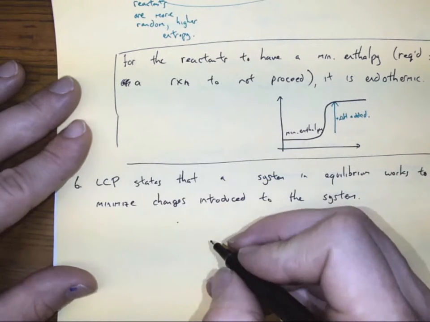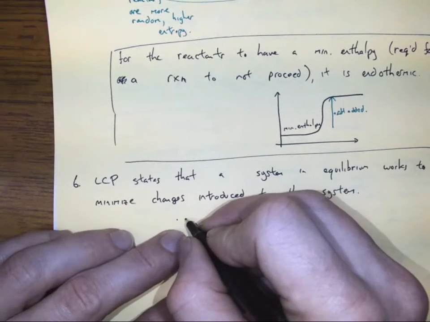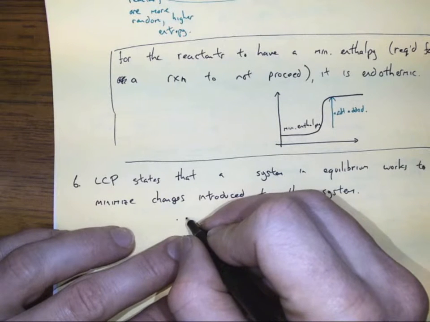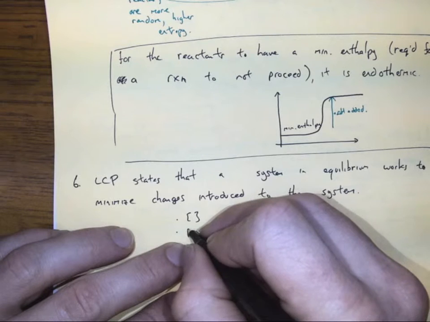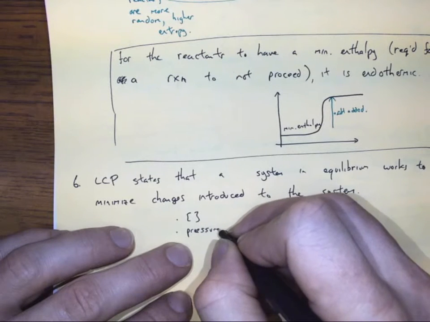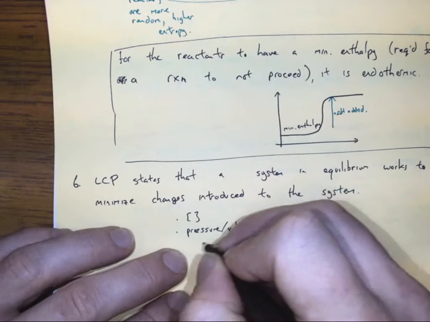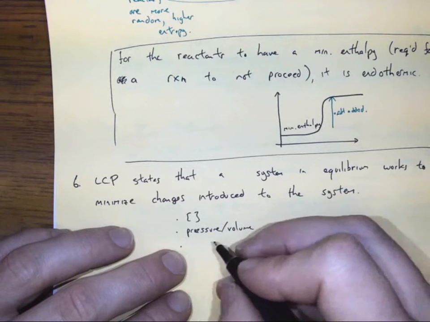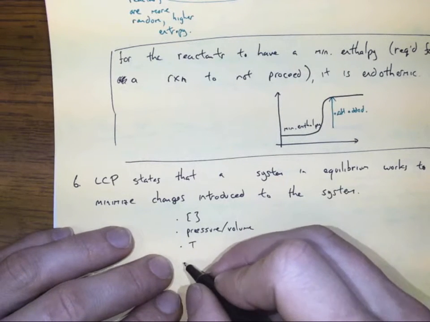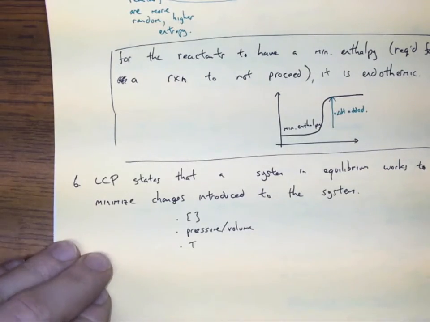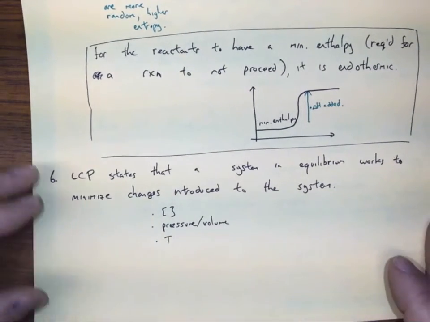Now for full marks, I might indicate what kinds of changes we're talking about here. We're talking about changes in concentration. We're talking about changes in pressure or volume. And we're talking about changes in temperature, not anything else. All right, and that's Le Chatelier's principle.